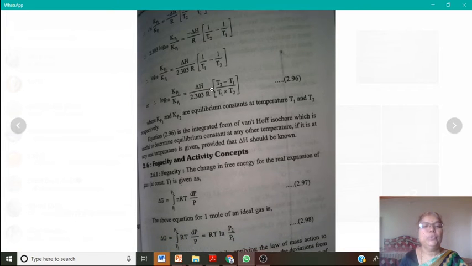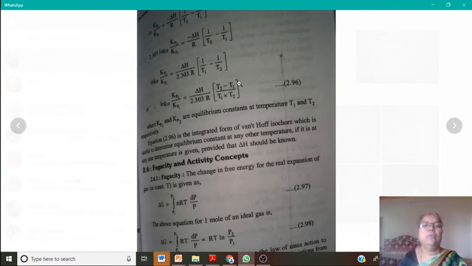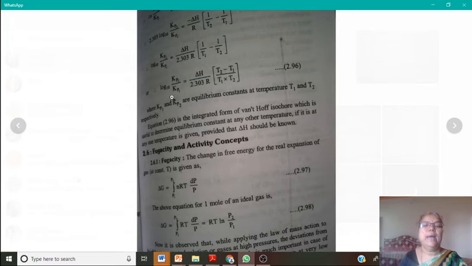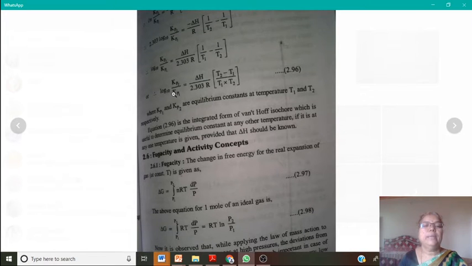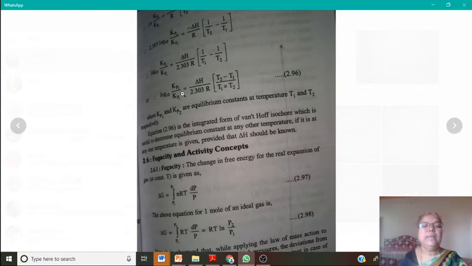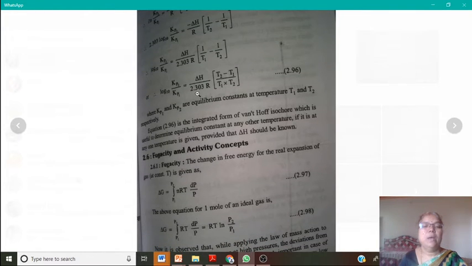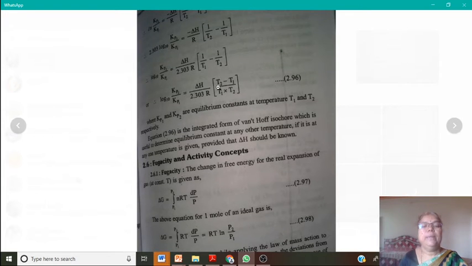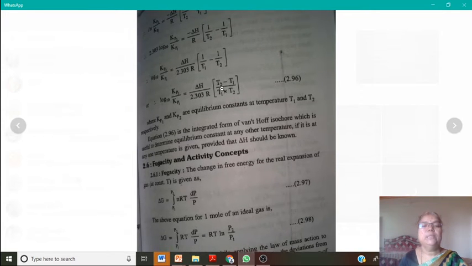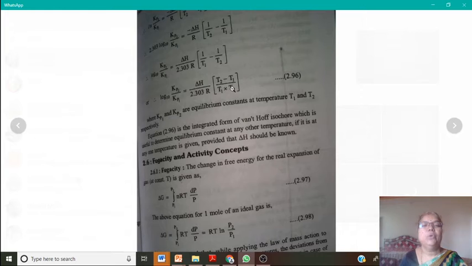Again we rearrange this equation as log10 Kp2/Kp1 equal to ΔH upon 2.303 R in bracket (T2 minus T1) upon T1 into T2.